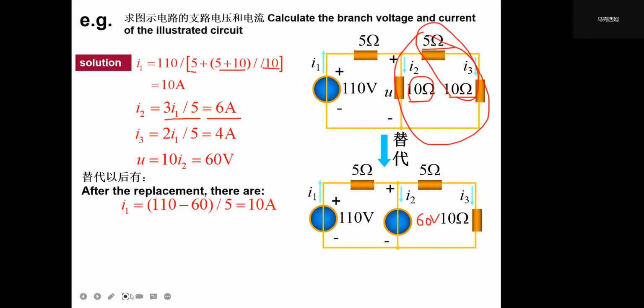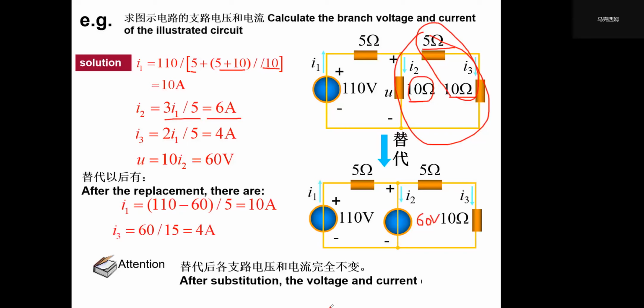And let's calculate I3. I3 is still the same: 60 over 15 is still 4. So its direction and the value is not changed. So we didn't change the value of the I1 and I3, and also their direction remained the same.